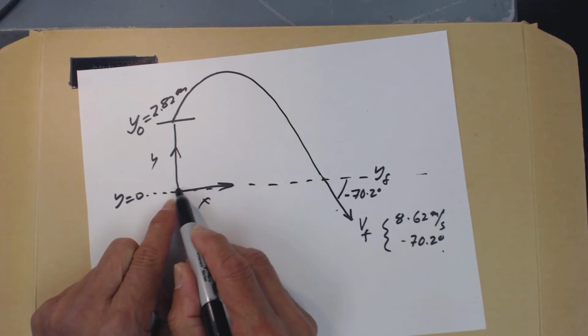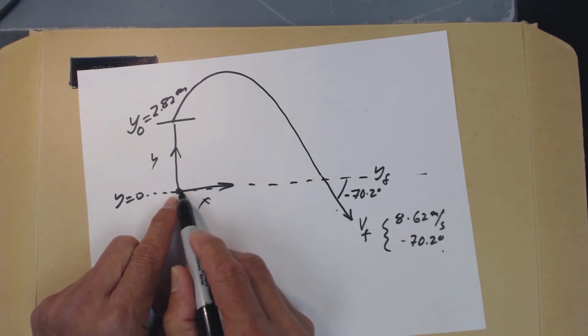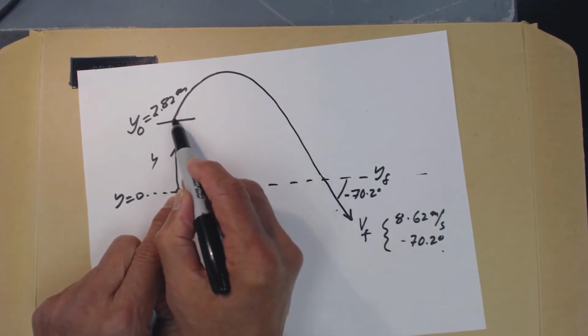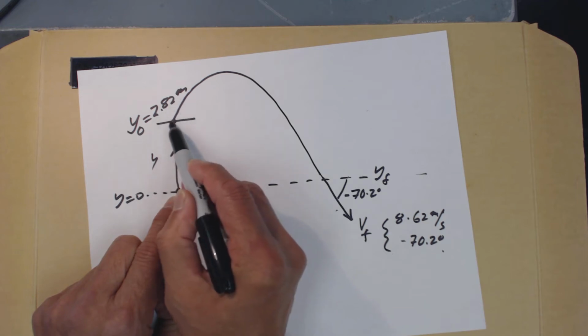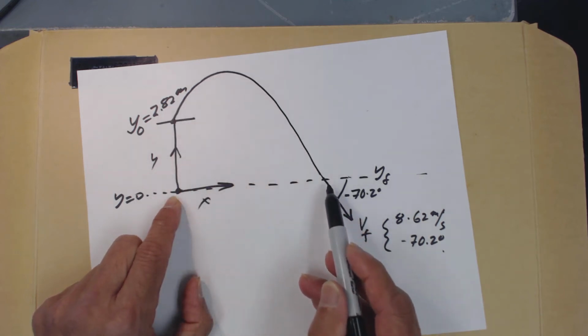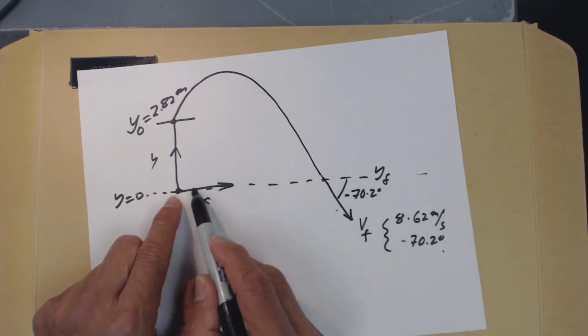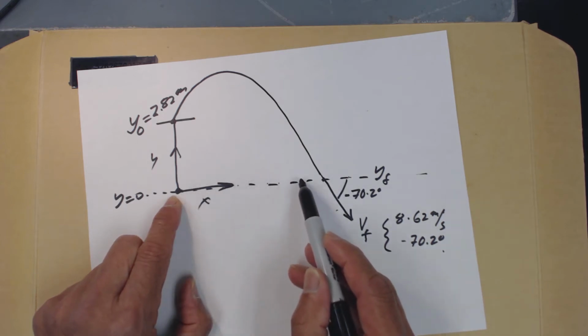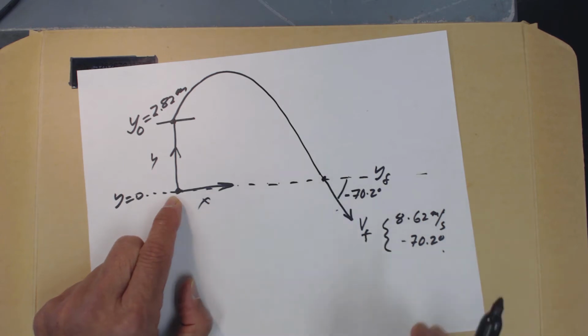So this is y0, x0. As time goes on, the object starts at y0 at 2.82 meters, goes up, then comes down, and y becomes 0. All this time, x remains positive until the motion stops here.